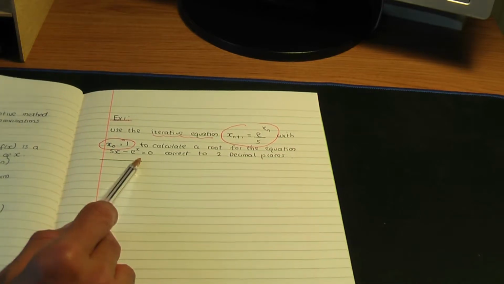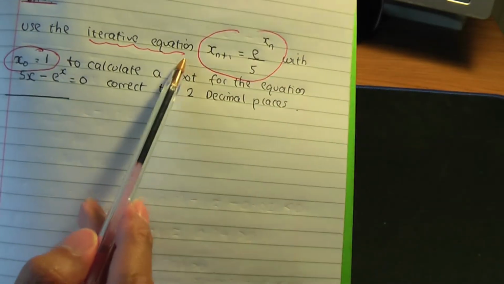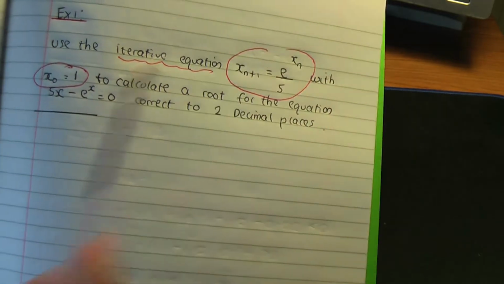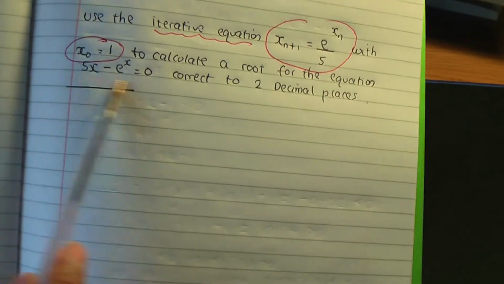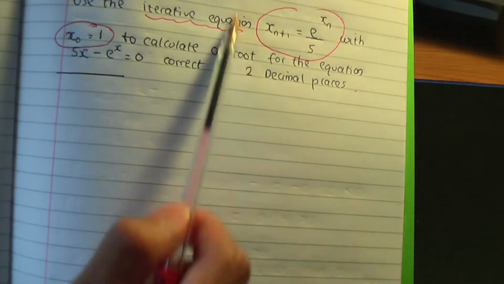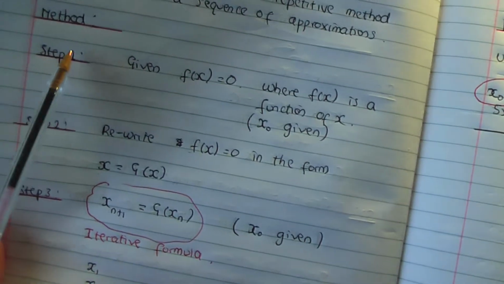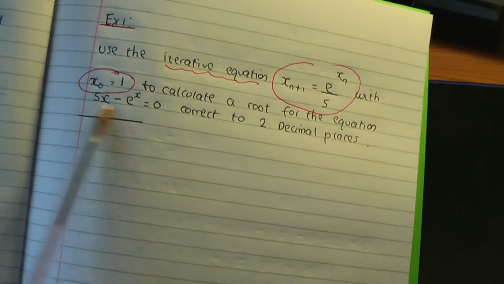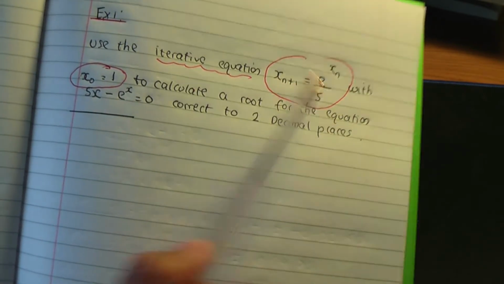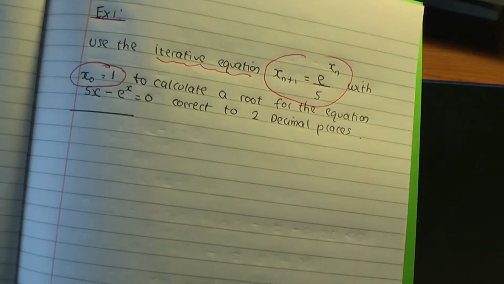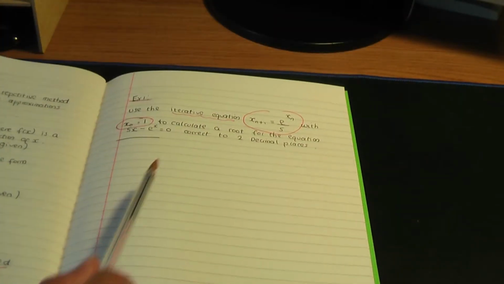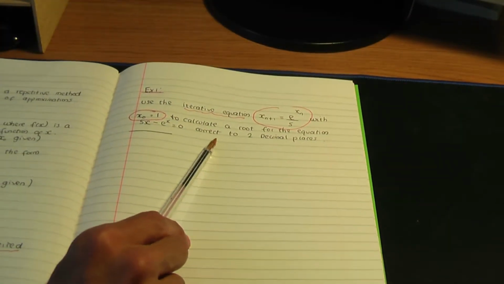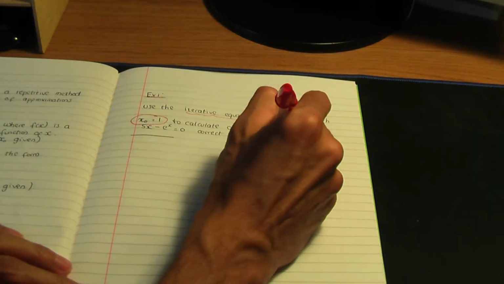Now we don't need this, but the iterative formula originates from this equation, and you can come up with this formula using the steps that I explained earlier. Using these steps, you can start with this equation f(x) = 0, and you can create this iterative equation quite easily. And we need to calculate this root correct to 2 decimal places.